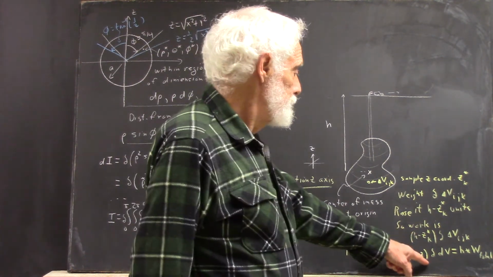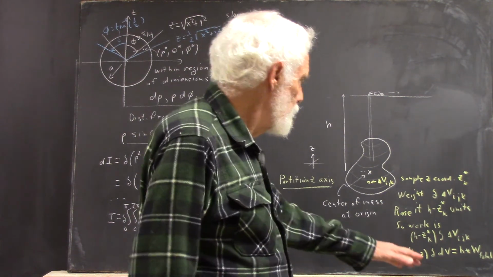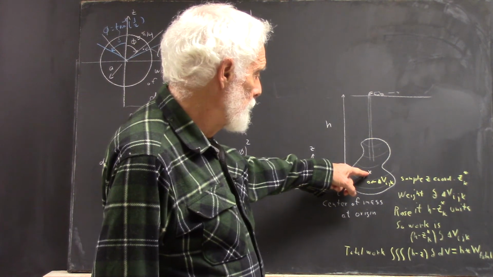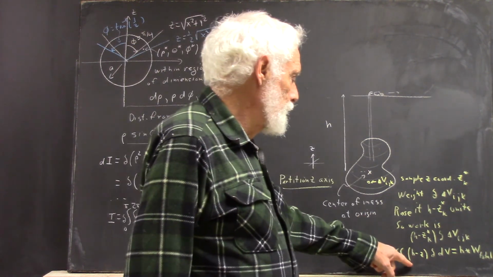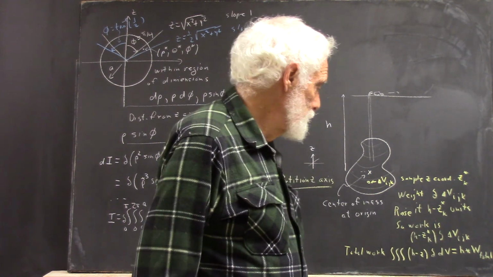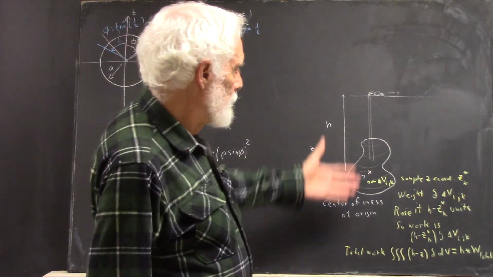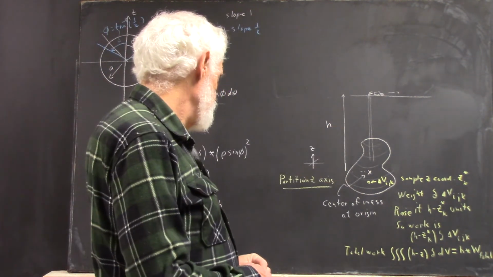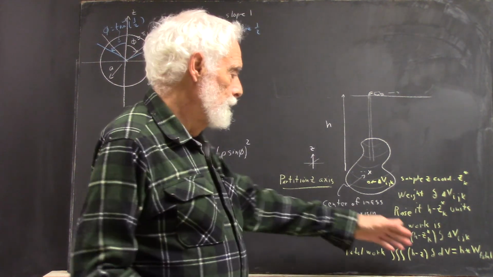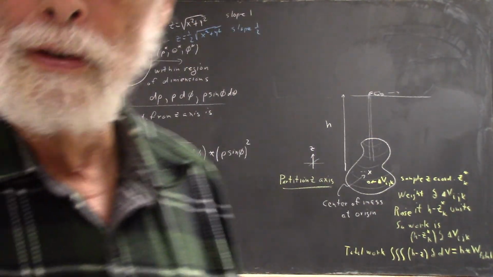We have to use the fact that this is the center of mass, that the center of mass is the origin. So how do you take this fact and get to this? Well, by the same token, you can set up an integral for the center of mass in this system and compare it with the integral you have here. And that's about as much of a hint as I want to give you.